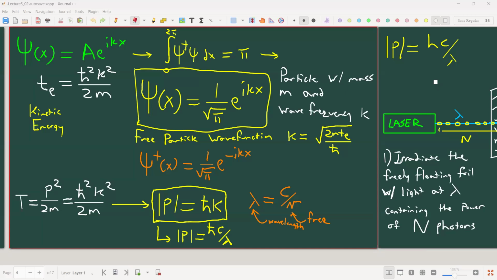It's still a wave propagating at some momentum, h bar k. But when you put the particle in a box of some finite length, the allowed values of k change.